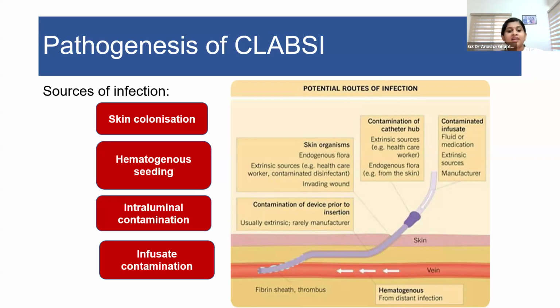So these are the four ways a person can get CLABSI: organisms from his flora, hematogenous seeding of his bloodstream, bacteria inside the catheter lumen, or contamination of the infusate passed into the central line.